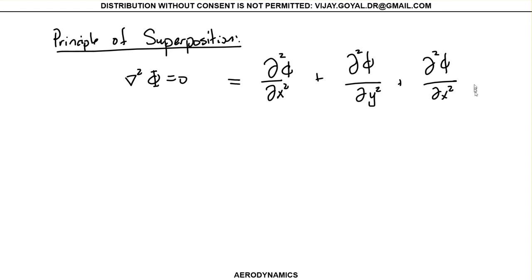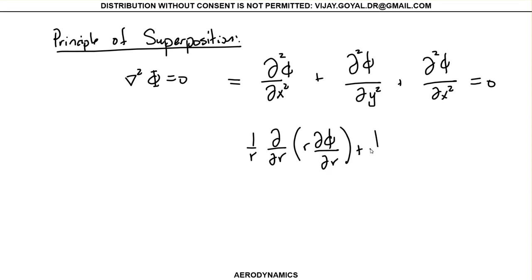So this is equal to the partial of r dphi/dr, plus 1 over r squared second partial of phi with respect to theta squared, plus second partial of phi with respect to z squared, equal to 0. Okay, so this is cylindrical coordinates. This is Cartesian coordinates.